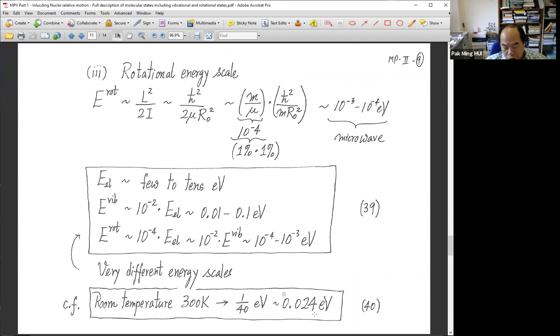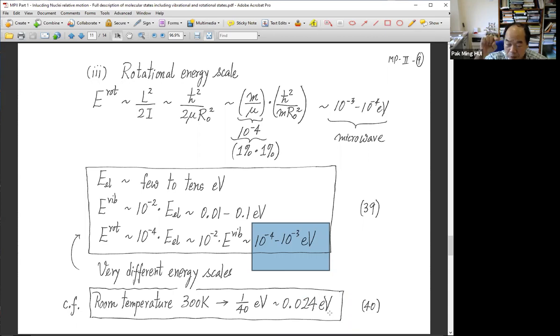At room temperature, it is still quite difficult to thermally excite molecules to n equals 1 because they're comparable, only comparable, not big by much. However, thermal energy, this number, is much bigger than the rotational typical spacing.